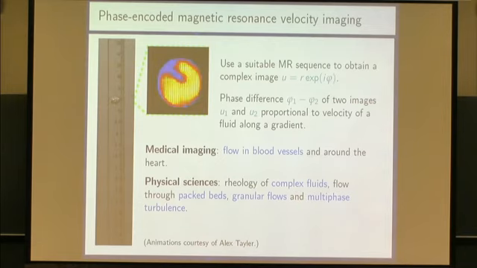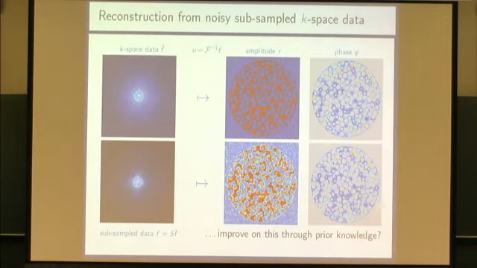So many applications. Now, the difficulty with this kind of things is that if you have something moving, you really need to make the measurements fast because the situation may change, and that's where we get into compressed sensing.